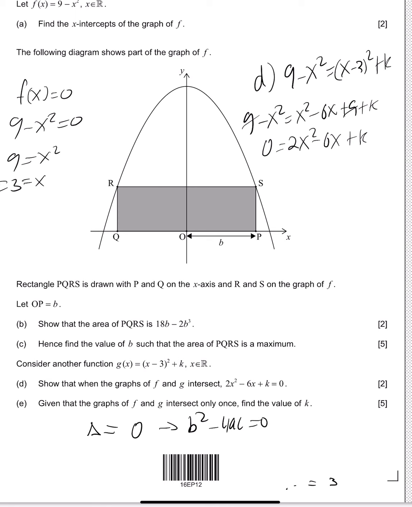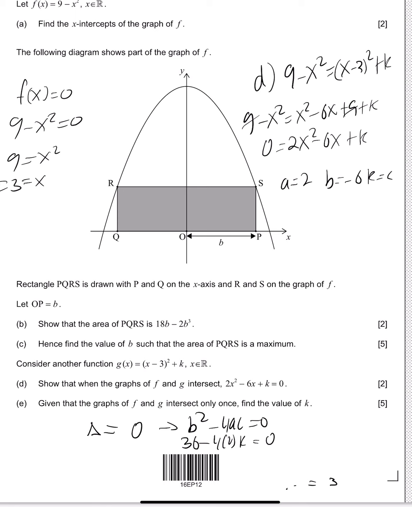Here, a is equal to 2, b is equal to minus 6, and k is equal to c. So b squared is minus 6 squared, that's 36, minus 4 times a, which is 2, times c, which is k.